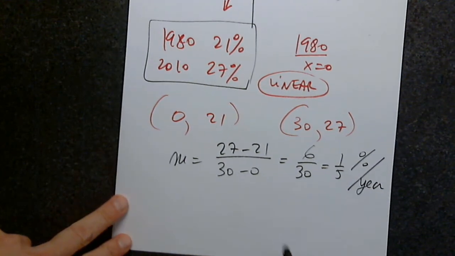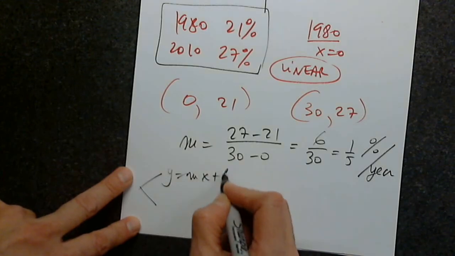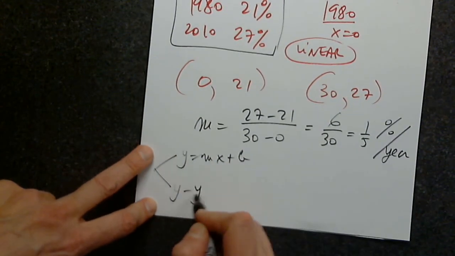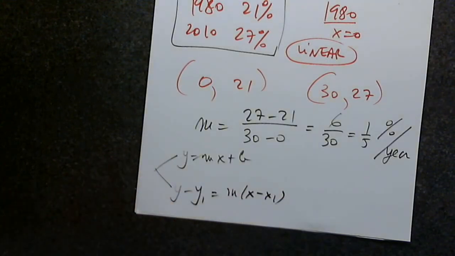Perfect. So now, remember I have two options. y equals mx plus b, or y minus y1 equals the slope times x minus x1. Which of these two models is the easiest to apply in this situation? Yes, why?